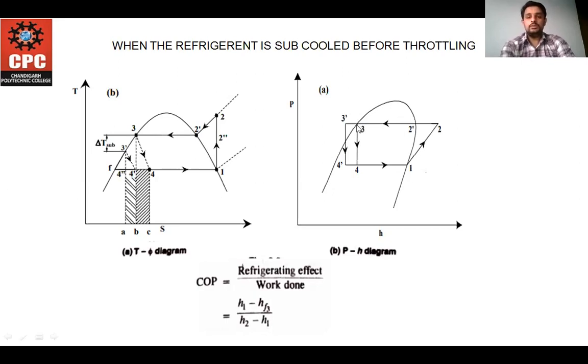So this point is drifting towards 3 dash, towards the left, in the region where the refrigerant is subcooled.